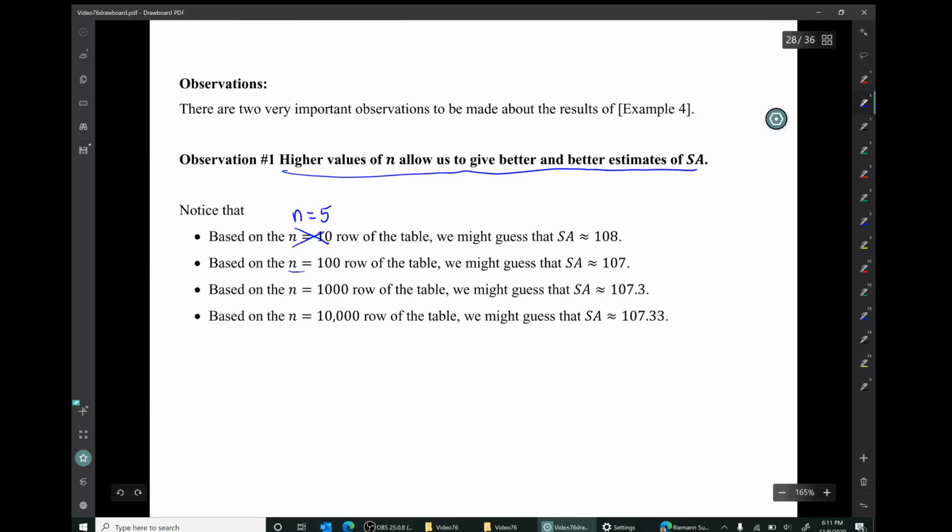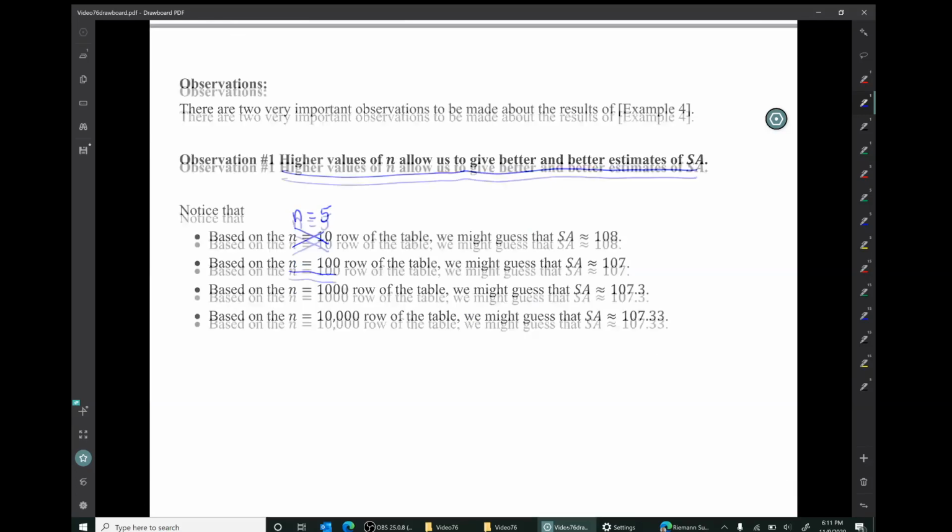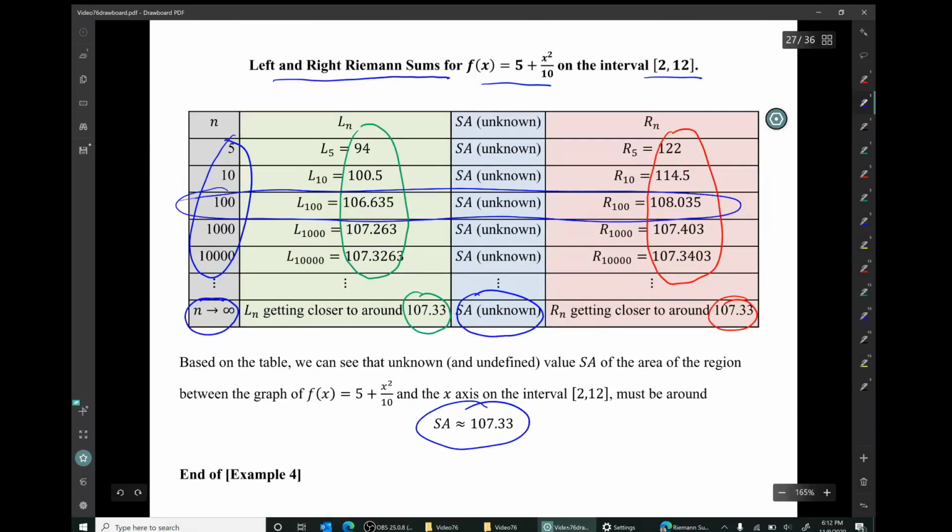But based on the n equals 100 row of the table, we could give a better estimate. If you look at that row of the table, that unknown blue number is sandwiched somewhere between 106.6 and 108.0. So we might guess that based on that row, maybe that unknown blue number is around 107.